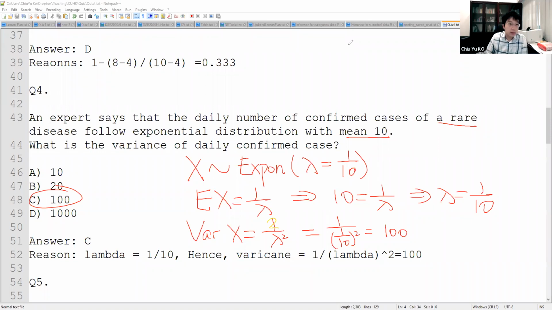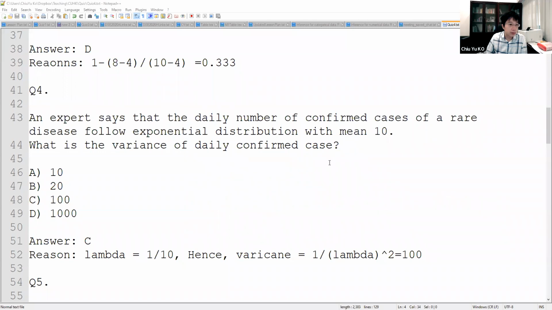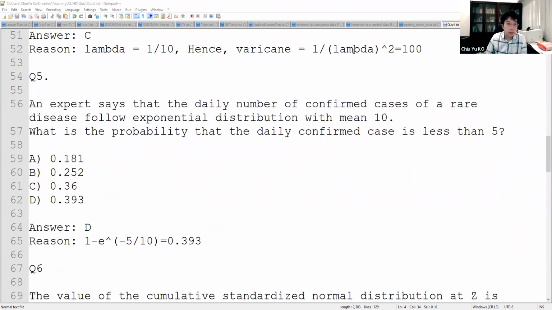And anyway, this is almost the same question, but asking the other way around. So X is exponential with lambda equal to 1 over 10.